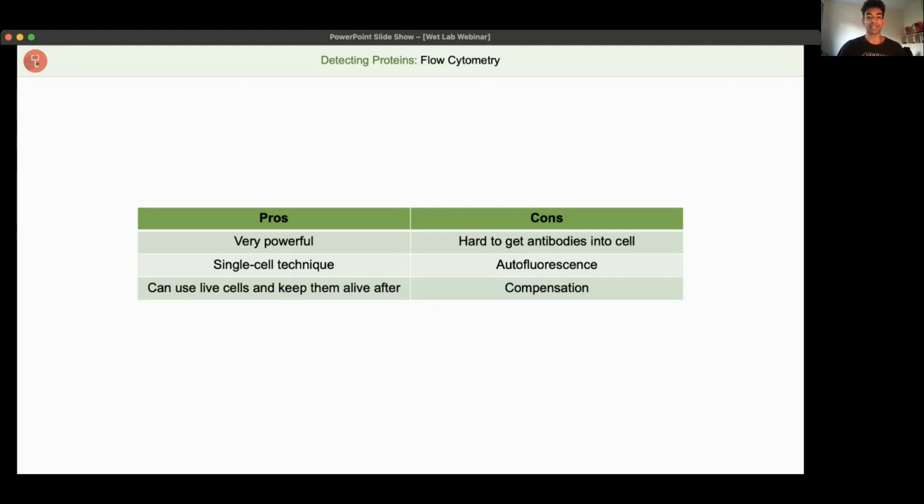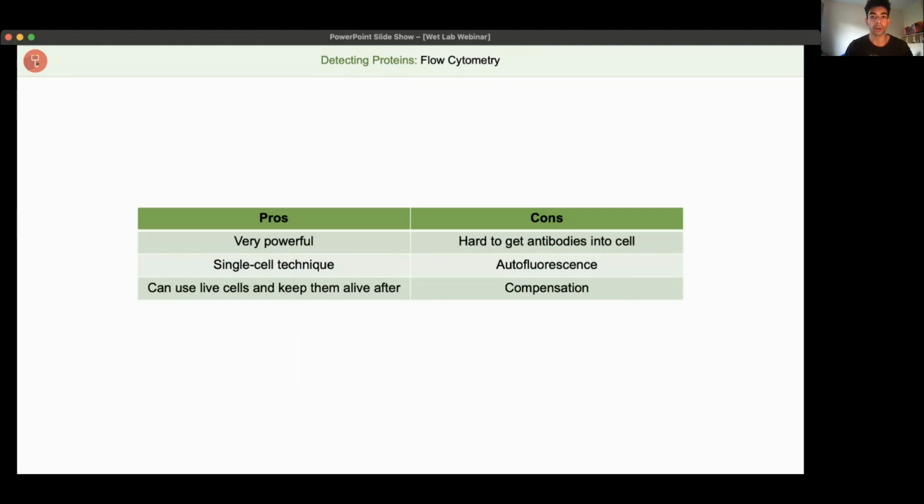And the other thing is cells can autofluoresce, which can sometimes confuse the system, but you have to use the correct controls to normalize for the autofluorescence. So cells which haven't been targeted with the antibody, because then you can measure how much they fluoresce just by themselves and cancel that out from your actual samples.